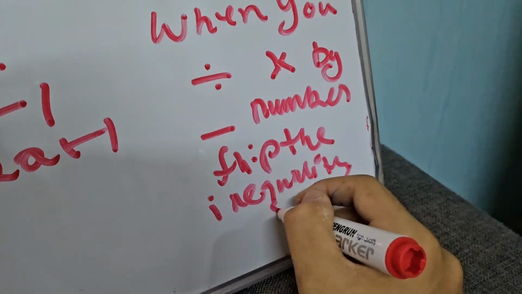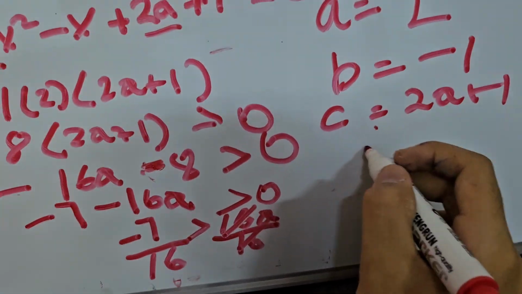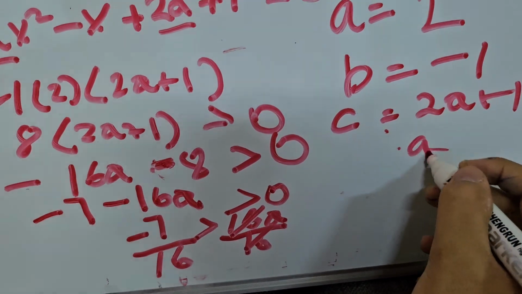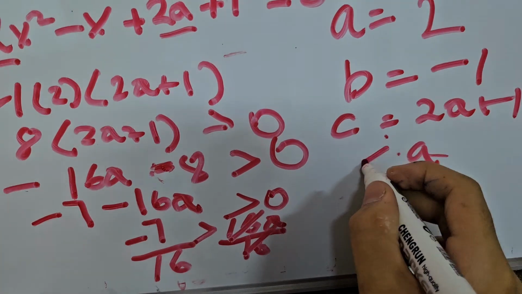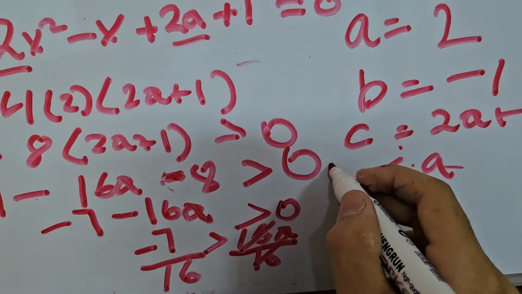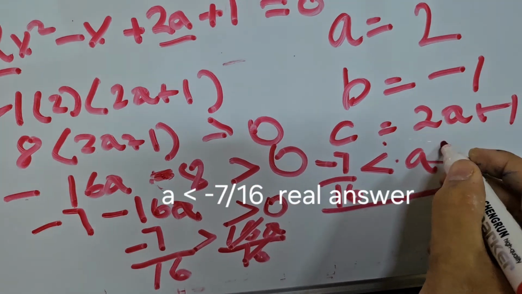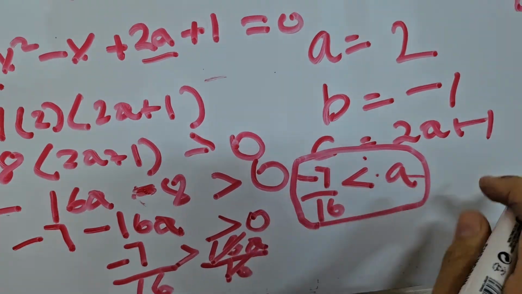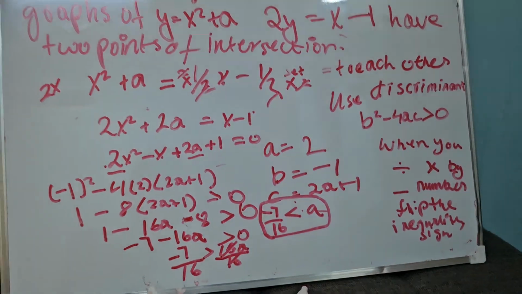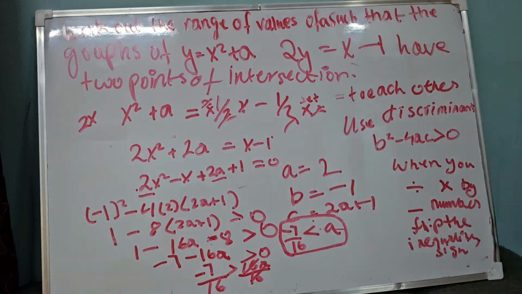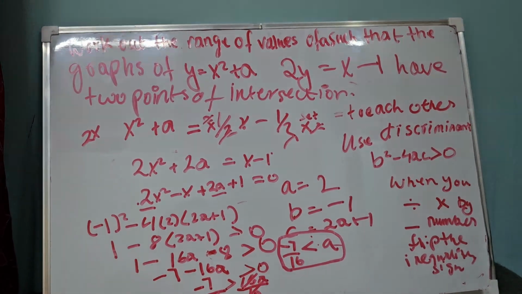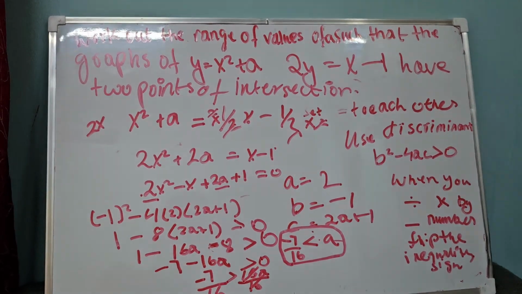So just flip it around, a is going to be less than minus 7 over 16, and that is going to be our final answer. So conclusion, set the equations equal to each other.